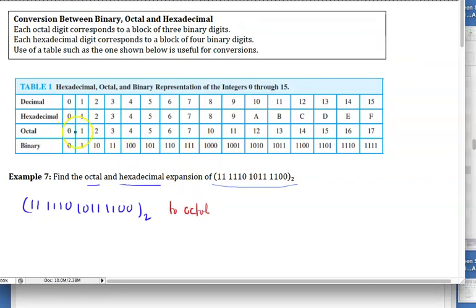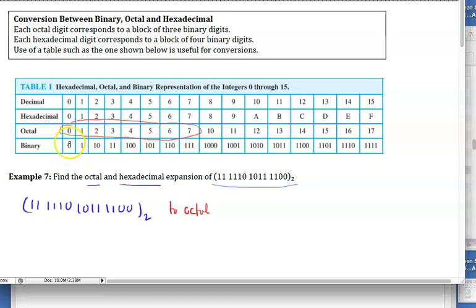Now I notice that my octal base system only uses the numbers 0 to 7. So 10 to 17 can occur in octal, but they're not the correct coefficients. The coefficients that you get in octal have to be less than 8.